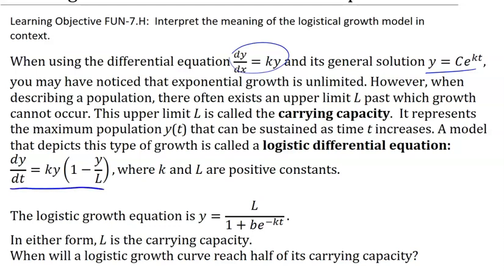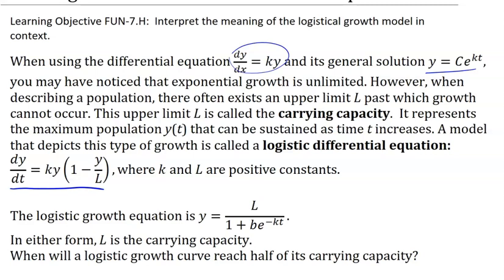With this function, capital L is the variable that is used to represent the carrying capacity. That's the maximum population that can be sustained as time increases. In other words, when it asks us what is the limit at infinity, it's always going to be whatever that L value is.